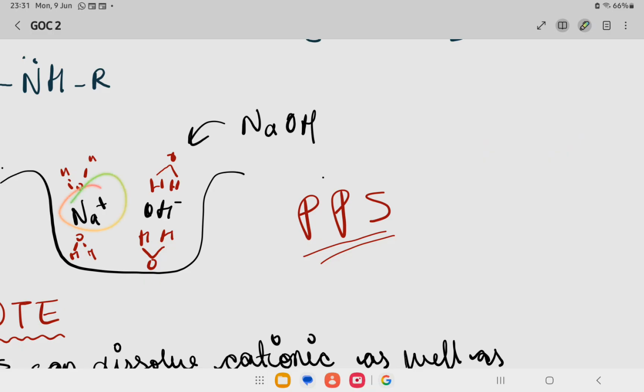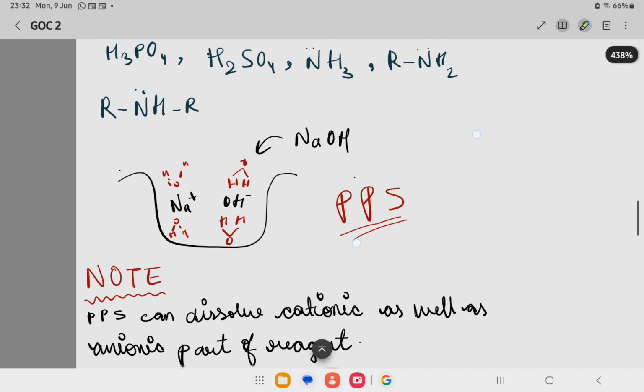As Na is positive, it will attract the negative part towards it. Hence, oxygen will be towards it and hydrogen will be away. Same in case of OH minus: hydrogen, the positive part, will be towards it and oxygen, the negative part, will be away.